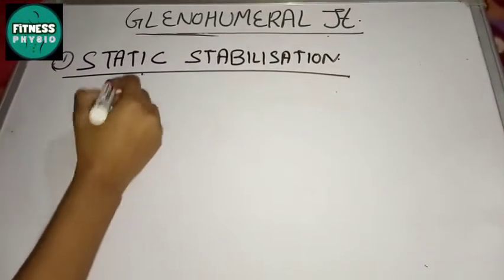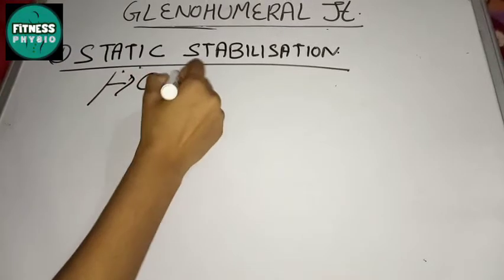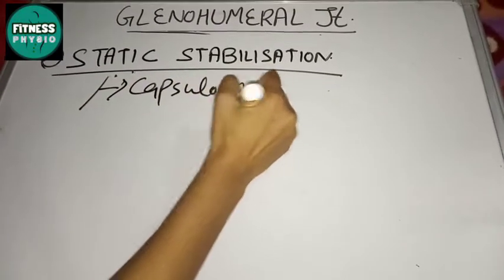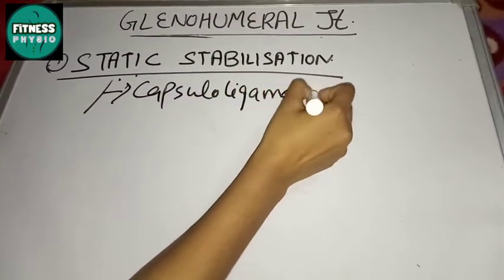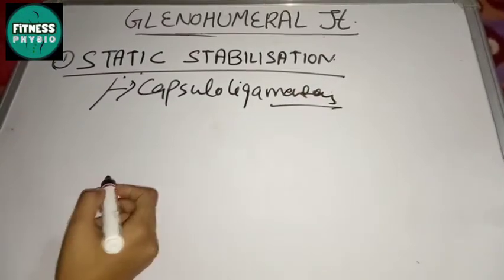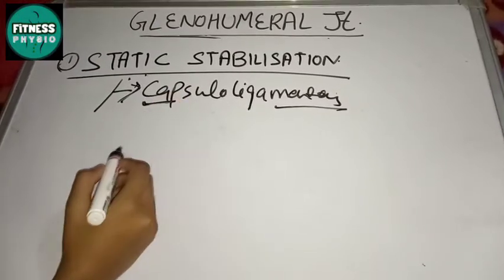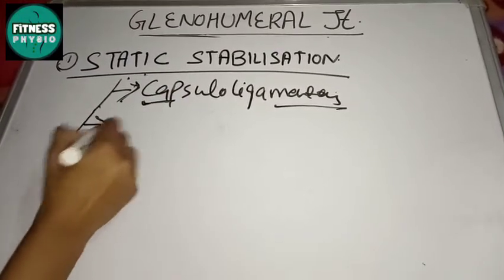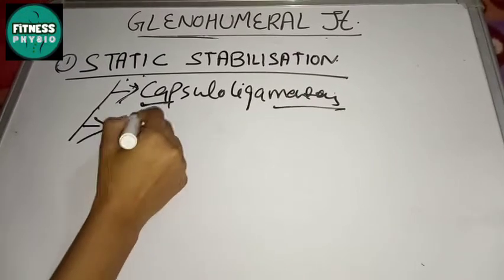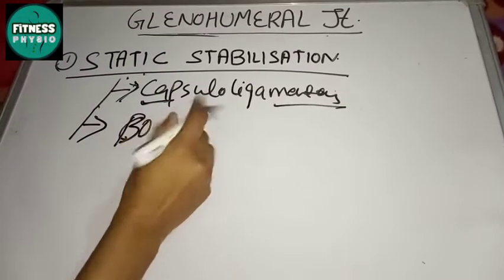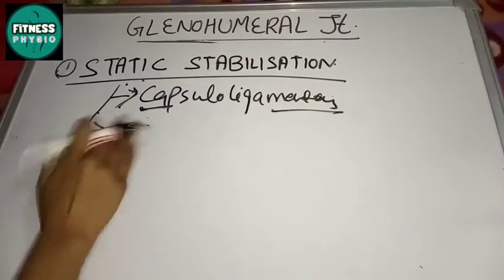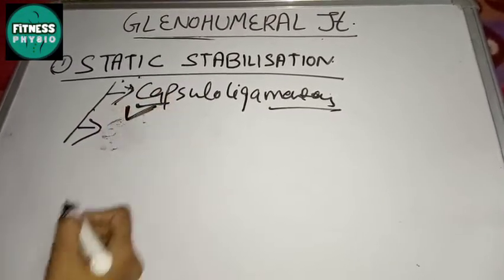The structure is your capsuloligamentous structure. These are the structures which help in making your GH joint stable when you are not doing anything. First is your capsuloligamentous structure, then your bony block. We will be learning these structures later on. First let's discuss this one.